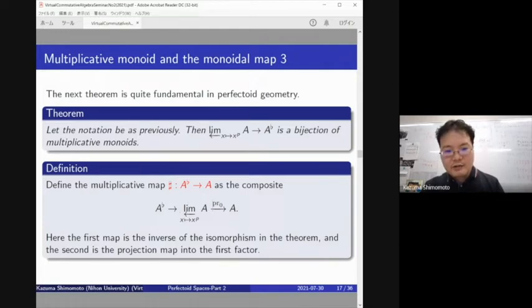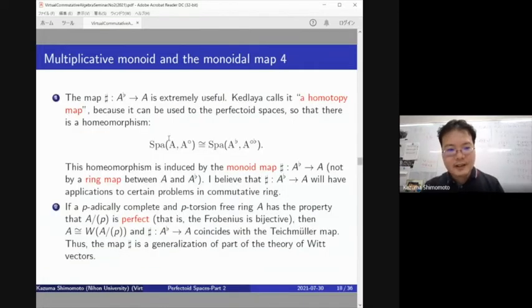Namely, you take the inverse of this bijection, which is this, then take the projection from the inverse limit onto the first factor. So this composite is just written as sharp. So this map is extremely useful. As I said, this is not a ring homomorphism. This is just a multiplicative homomorphism.